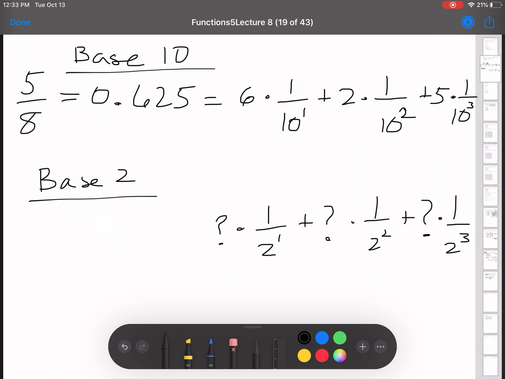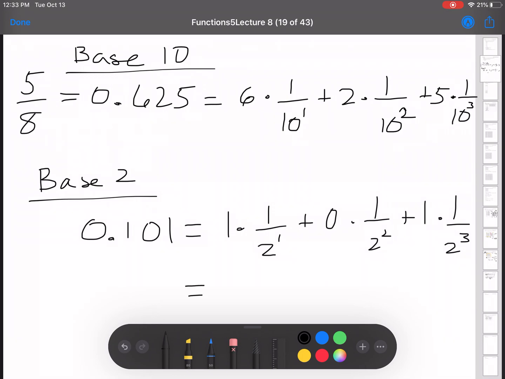Okay, so 0.101 is equal to 1 times 1 over 2 to the 1, plus 0 times 1 over 2 squared, plus 1 times 1 over 2 cubed.